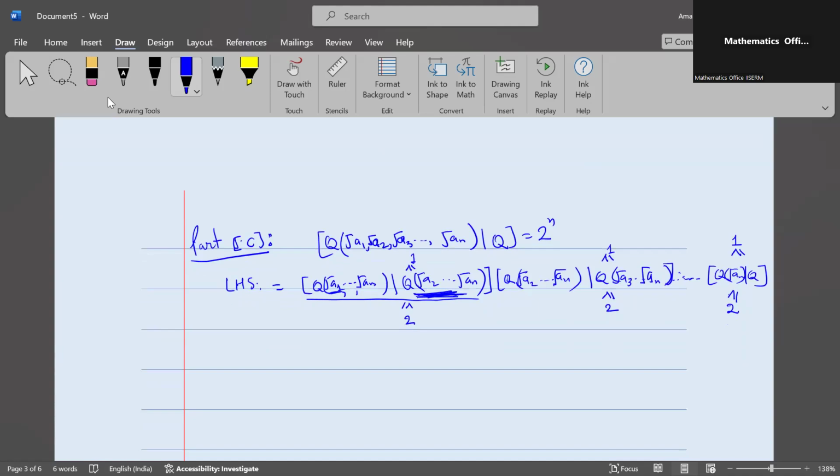Because this would be equal to the RHS, which is just 2 power n, this implies that the AIs are relatively co-prime, so that A1 is not from here, similarly A2 is not from here, like that.